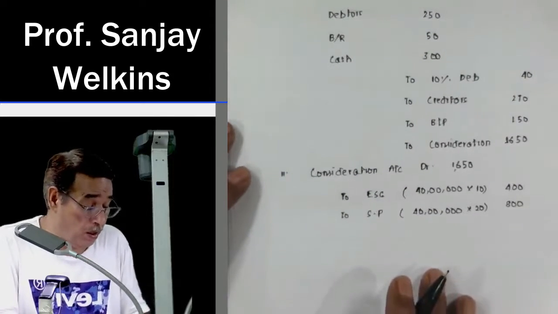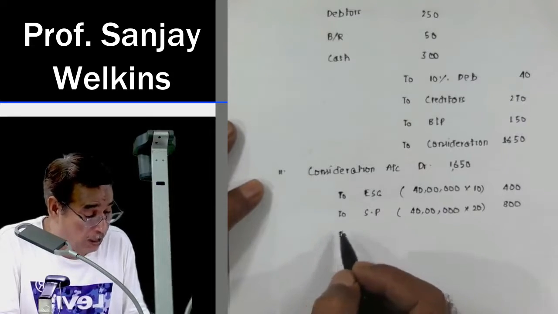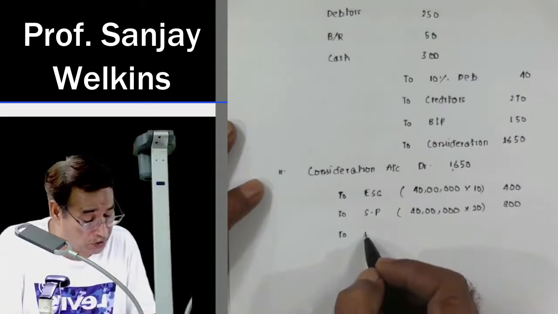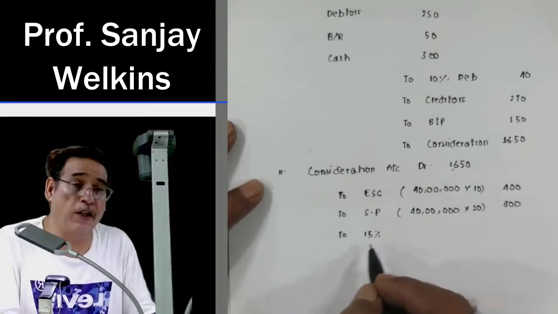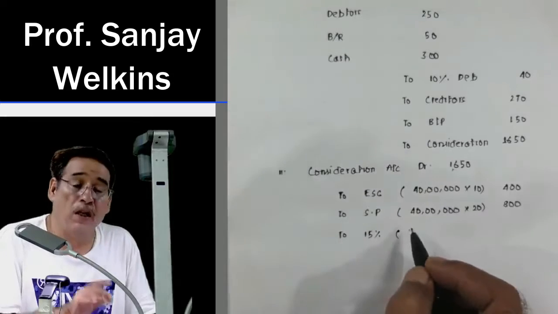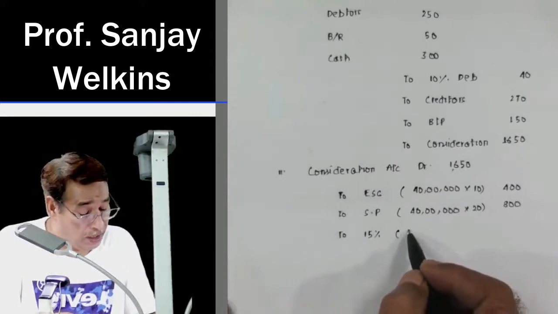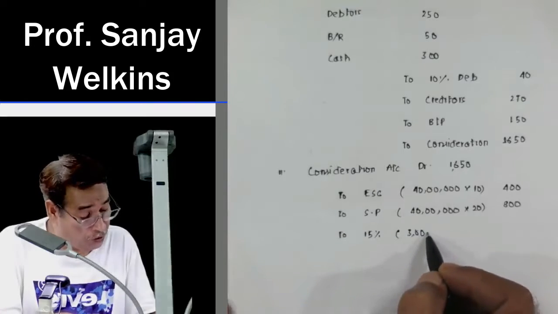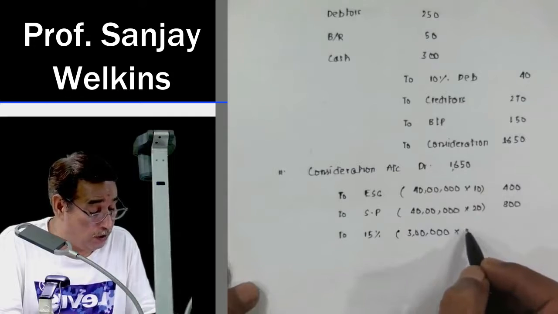Correct? And then we discharge the preference shareholders. In order to discharge the preference shareholders of X Limited, we offered them 15% preference share. If you remember, number of preference shares of X Limited was 3 lakh. Correct? And we gave them equivalent number of shares. And face value of our share was 100.